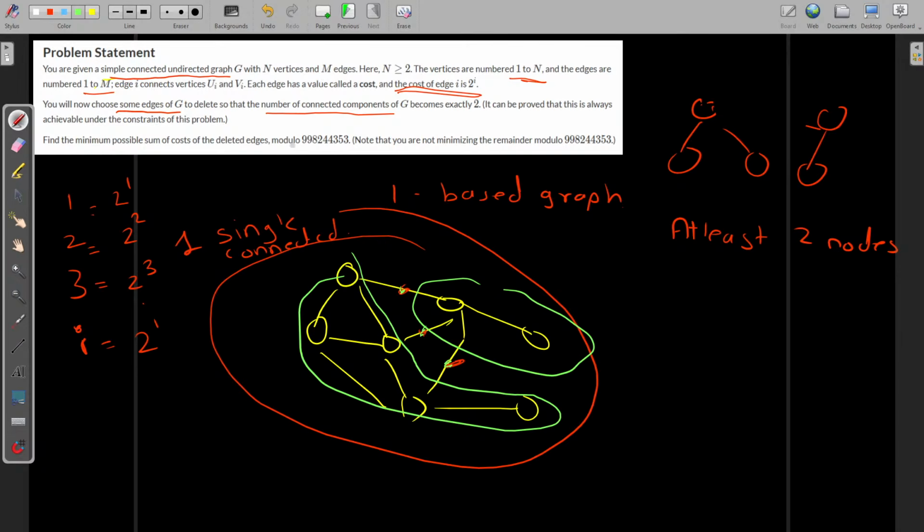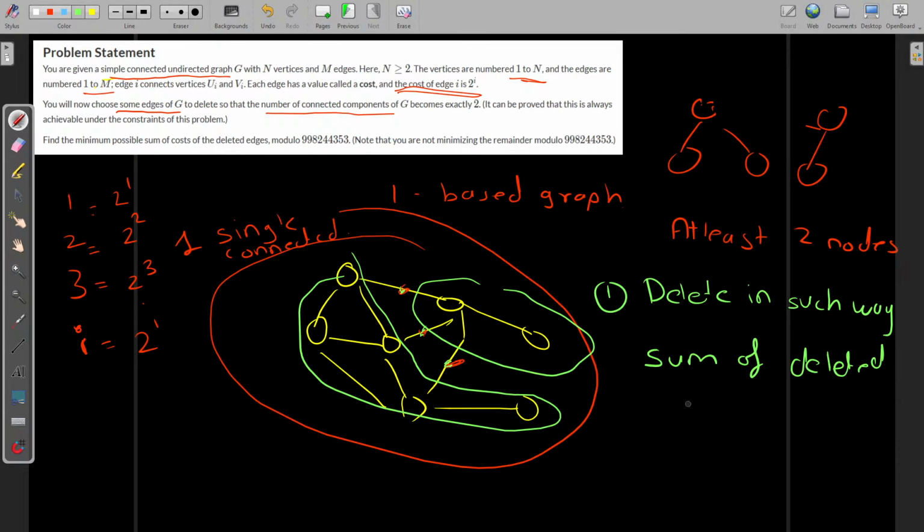So here we have to delete the edges in such a way that the sum of deleted edges is minimum. So this is our problem statement.